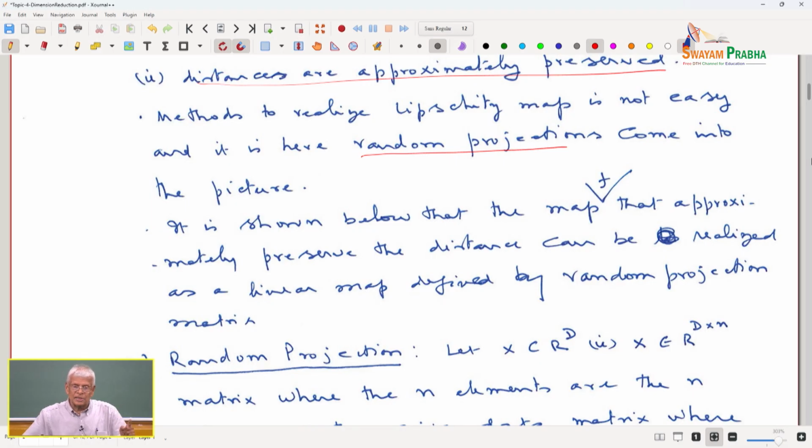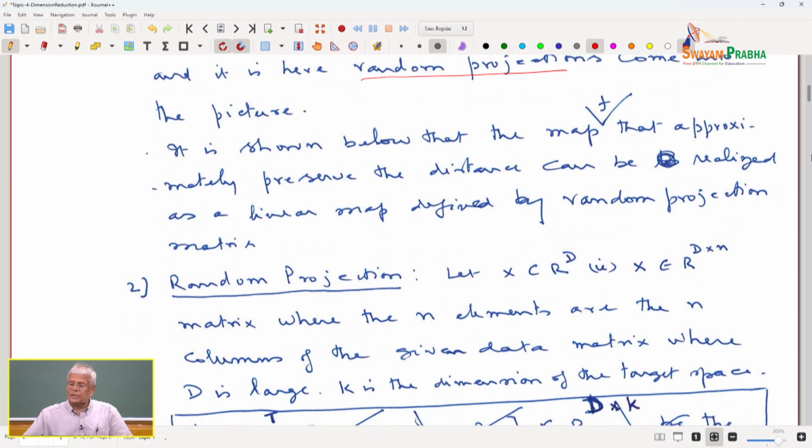We have already dealt with them in the context of modeling least squares. Here is a third type of projection. It's called random projection. To project means I'm going to bring an object from one space to another space. Random means the design of the map depends on random elements. That's why it's called random projection.